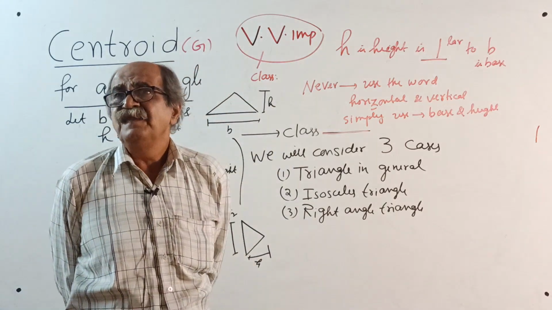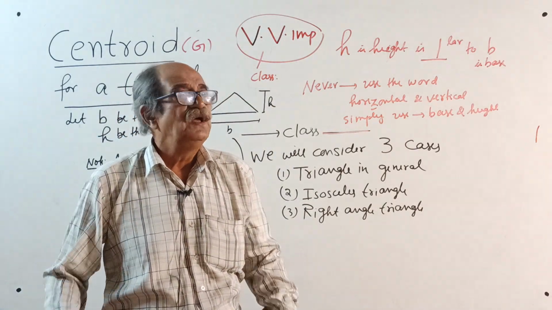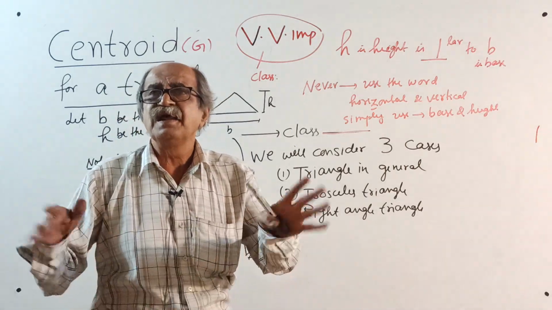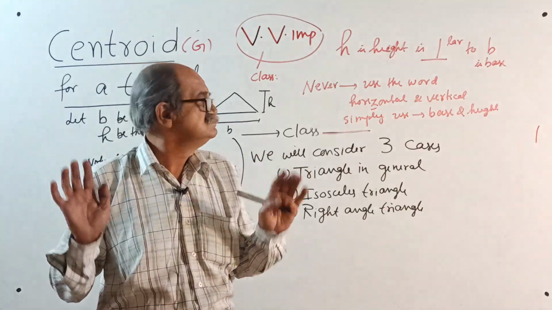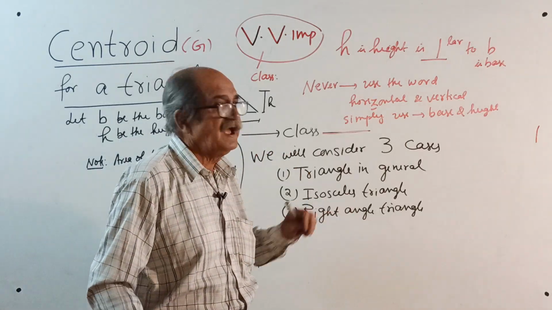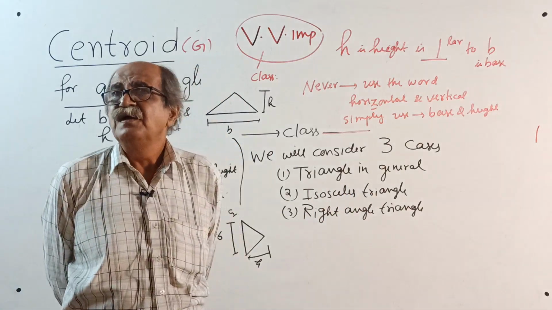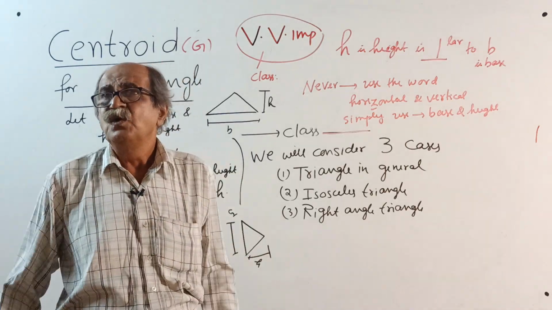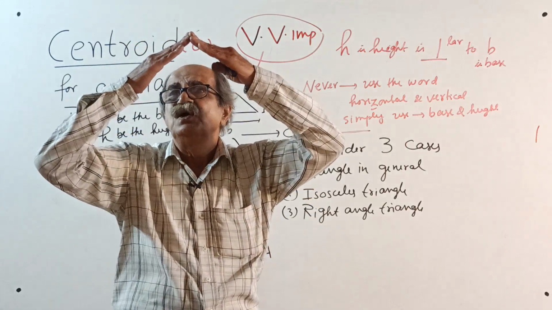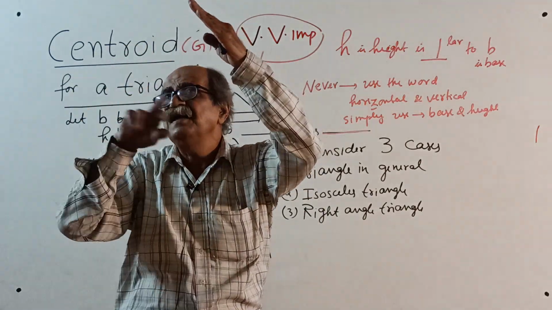for the triangle, there are 3 cases. One, a triangle in general, meaning no restriction, simply base and height. Then the isosceles triangle. It is a triangle in general where isosceles means 2 angles are equal.